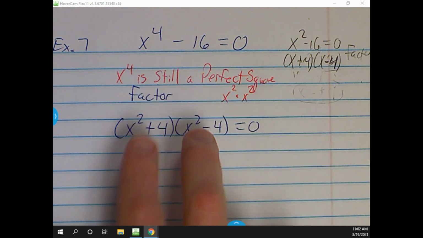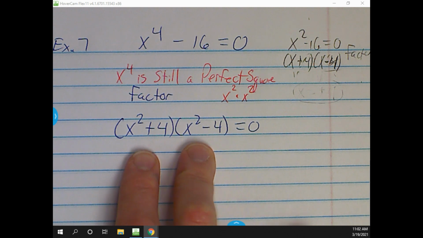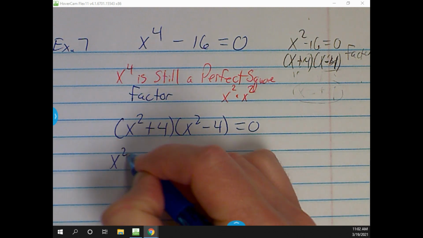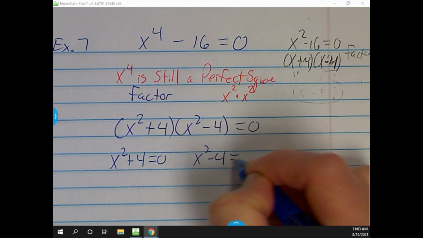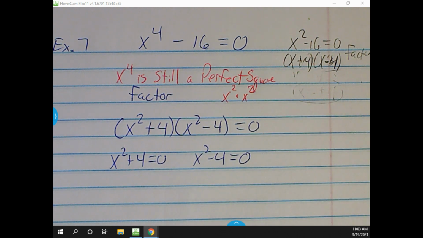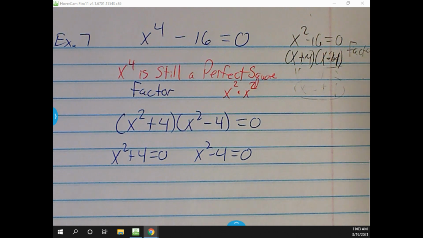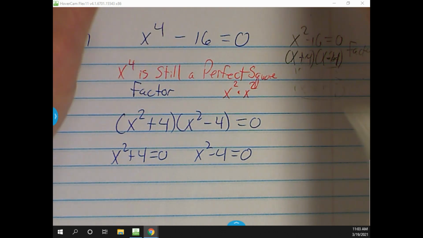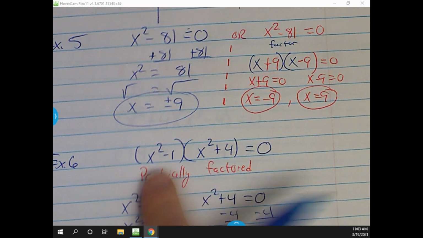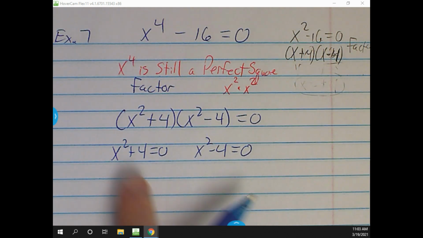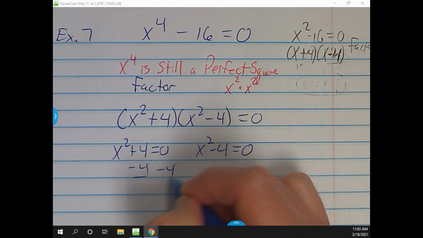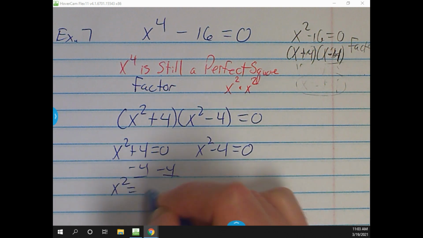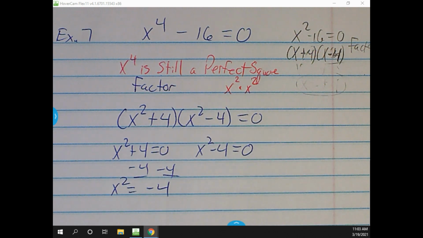Okay, and if you can get it to where you've got your two parentheses here, now you can take both of those parentheses and set them equal to 0. Now we're back to basically the same problem that we had before. If we get it down to this point where we've got two sets of parentheses, this is the exact same thing as we had on the problem before. We're going to move this 4 over here to the right-hand side, and then we'll square root it.